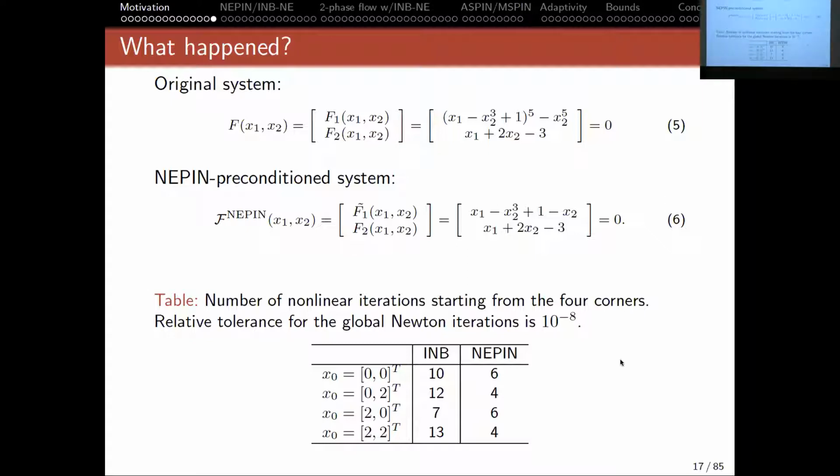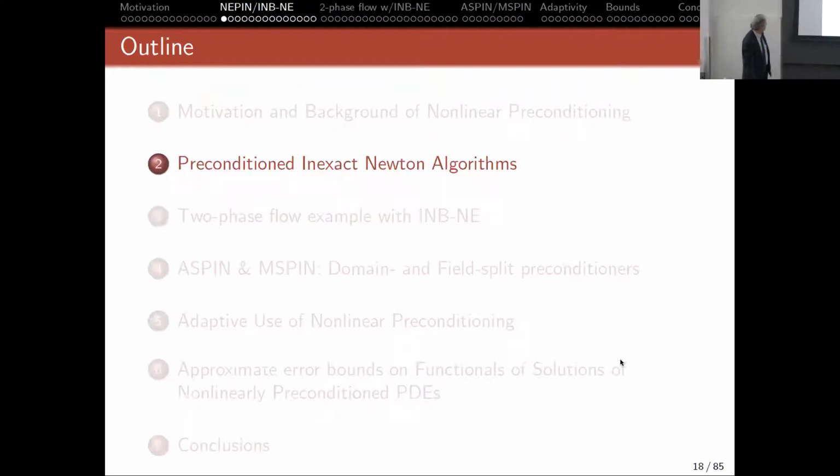Show you just in a slide or so. But here is the result. If we try to find the root from these 4 corners, the nonlinear elimination preconditioned inexact Newton will always beat the standard inexact Newton with backtracking by some measure. It uses inexact Newton with backtracking as the outer method, but it just does some extra work.